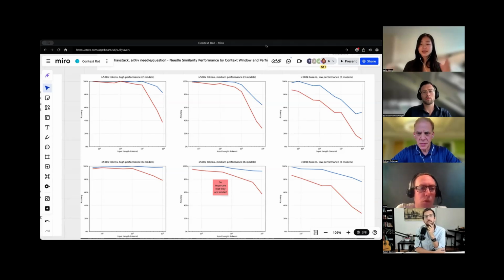So it's hard to disambiguate whether model failures are due to task difficulty or context length. We wanted to separate out those two variables, which is why we didn't design experiments that are directly applicable to real use cases.